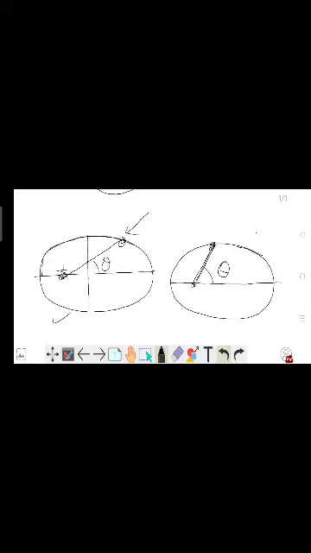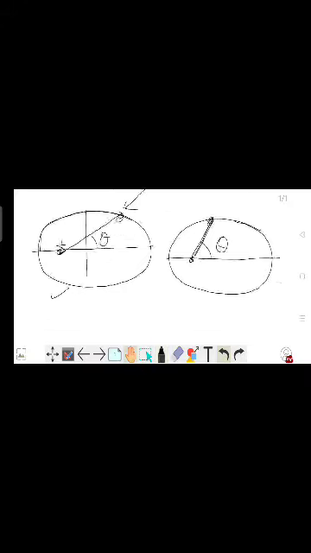So for Sommerfeld modification you have to consider two quantum numbers. Why? If we draw a tangent with respect to the position of the electron, this tangent can be divided into two vectors.